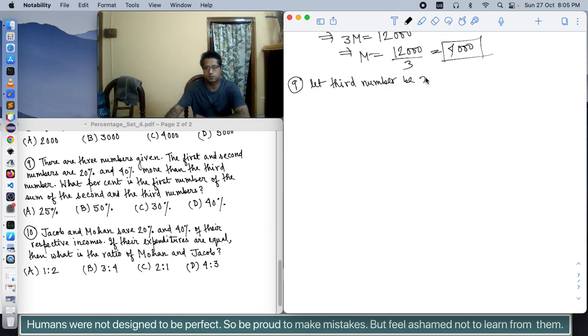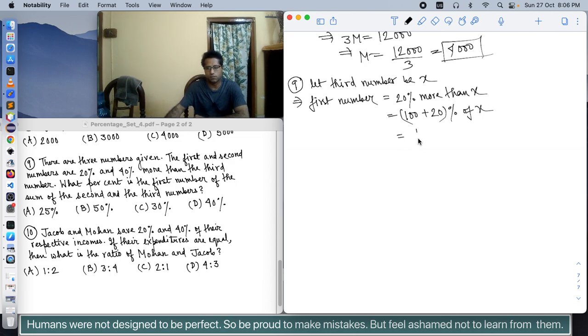be x. This implies the first number is given to be 20% more than the third number. 20% more than x, which means 100 plus 20% of x, which means 120% of x, which is 120 by 100 multiplied by x.